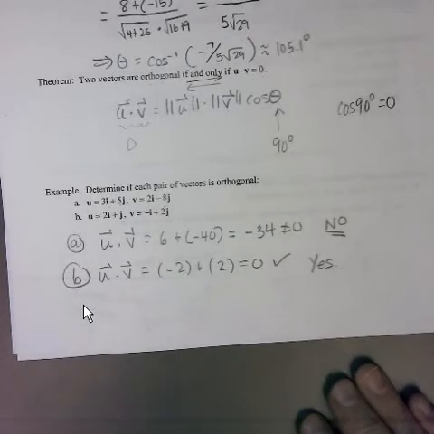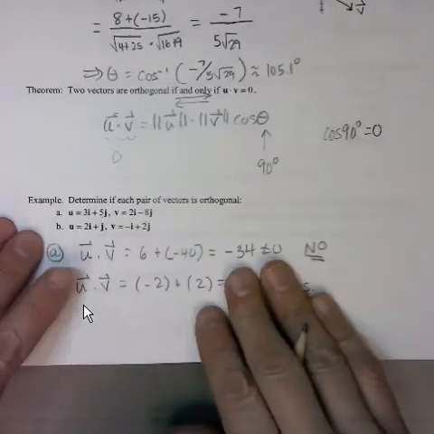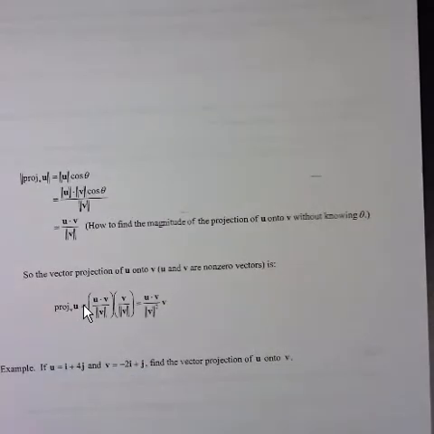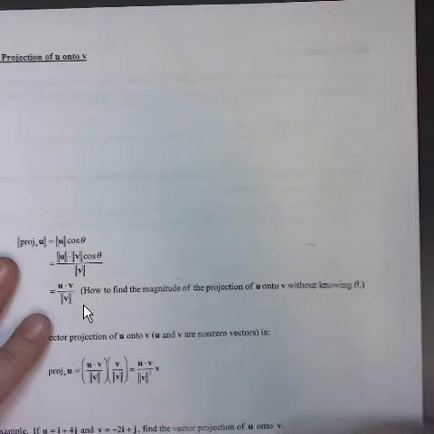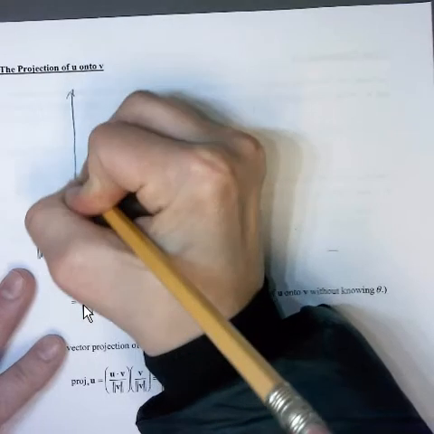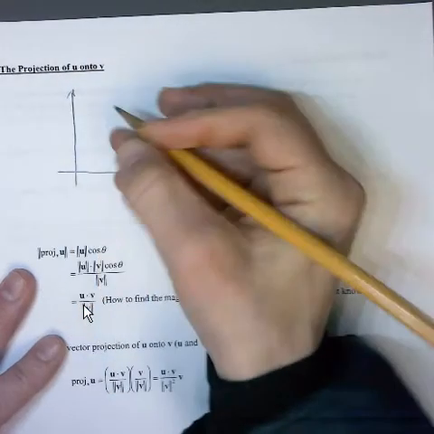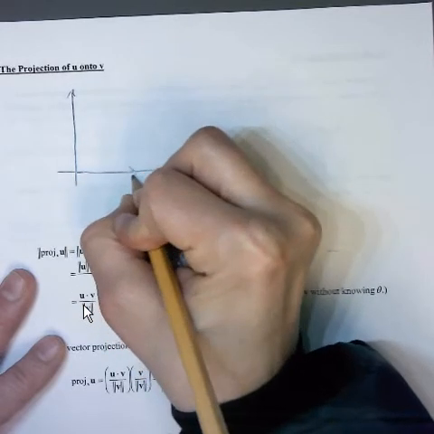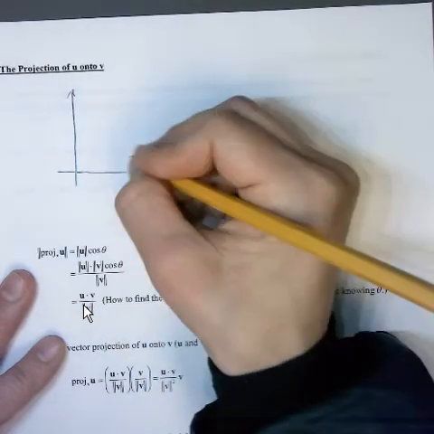All right, so another place we use the dot product is when dealing with what's called the projection of u onto v. Let's draw a picture here to show you the setup. So we have two vectors. I'm going to put v along the x-axis here, but it doesn't have to be. It just makes our diagram a little easier.